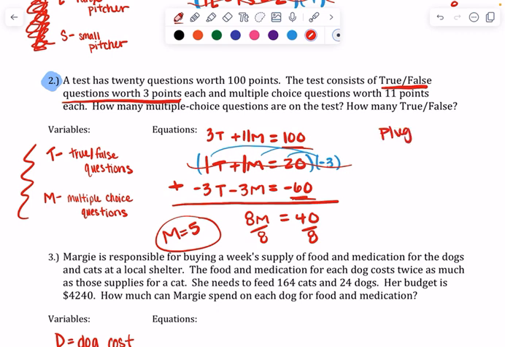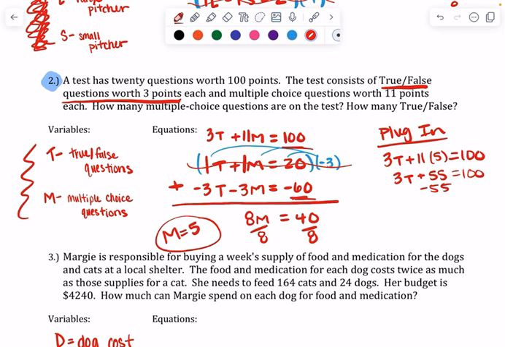All right, pick one of your equations to substitute that variable that you just found. I'm just going to choose the first equation there. So 3t plus 11m, we found m. So 3t plus 11 times 5 equals 100. 11 times 5, 55.